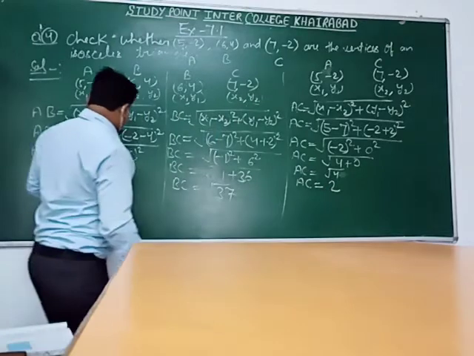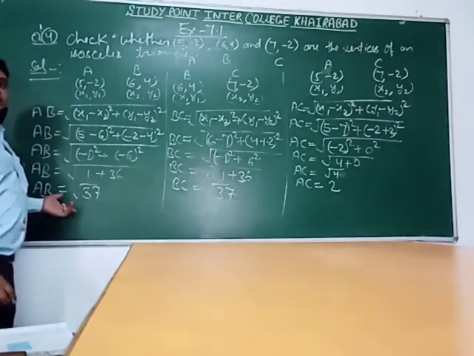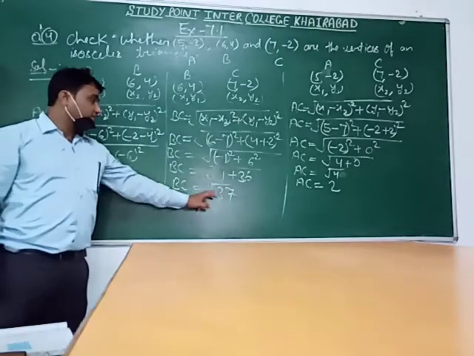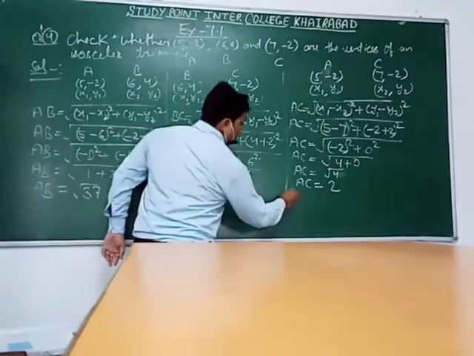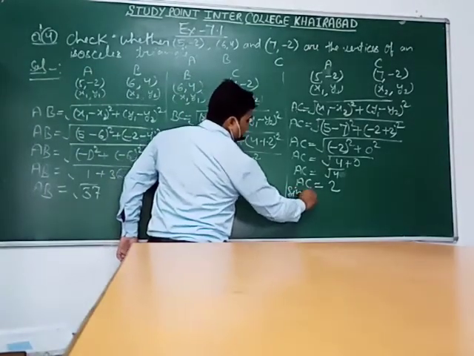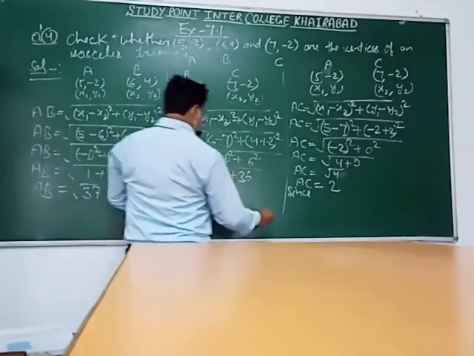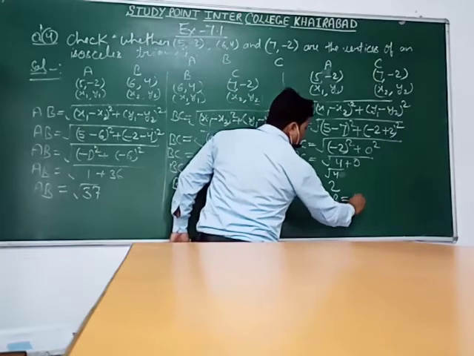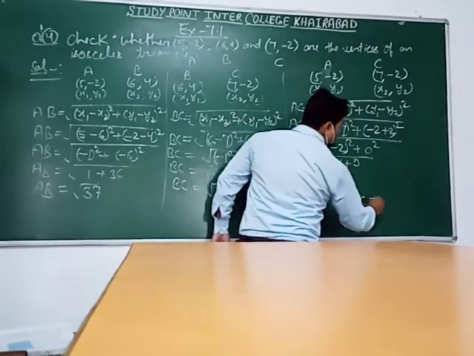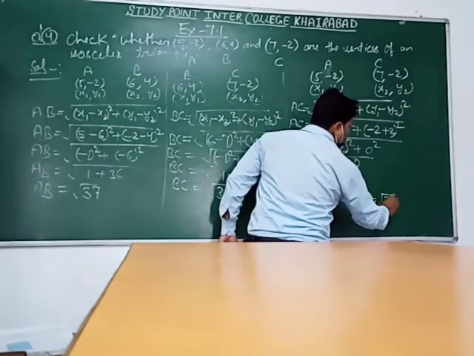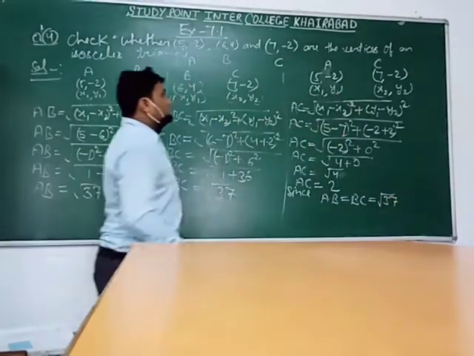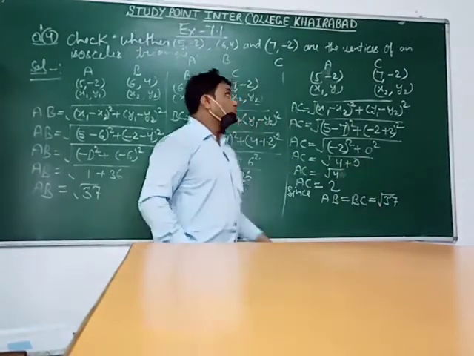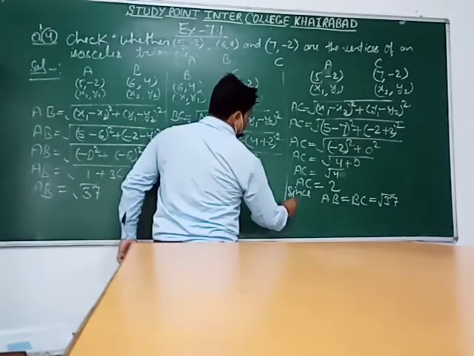As you are seeing in the solution, AB is equal to root 37 and BC is equal to root 37. Since AB is equal to BC, both equal to root 37, two sides of the triangle are equal, so this is an isosceles triangle.